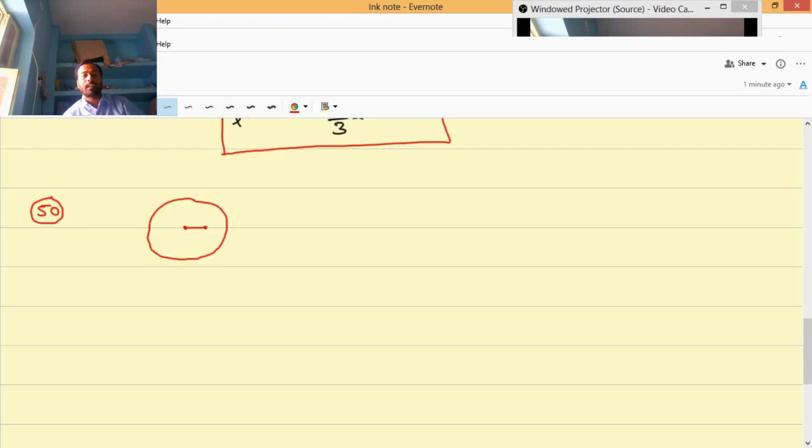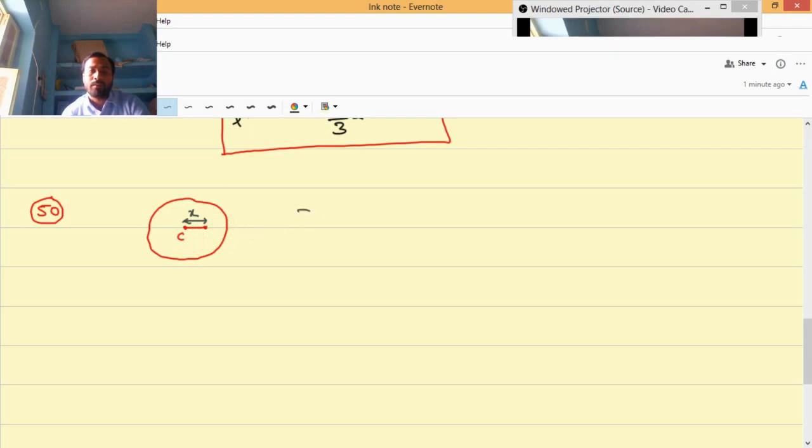Just consider a point at a distance of x from the center. This is our point of suspension, and with this point of suspension we have to find the time period such that it should be minimum for some value of x.